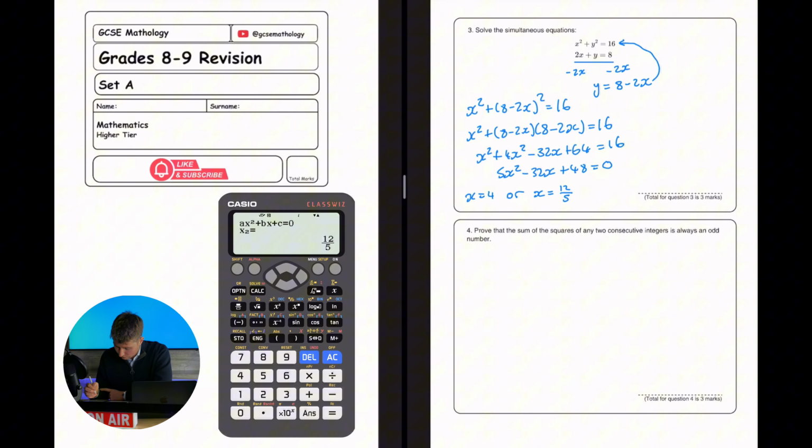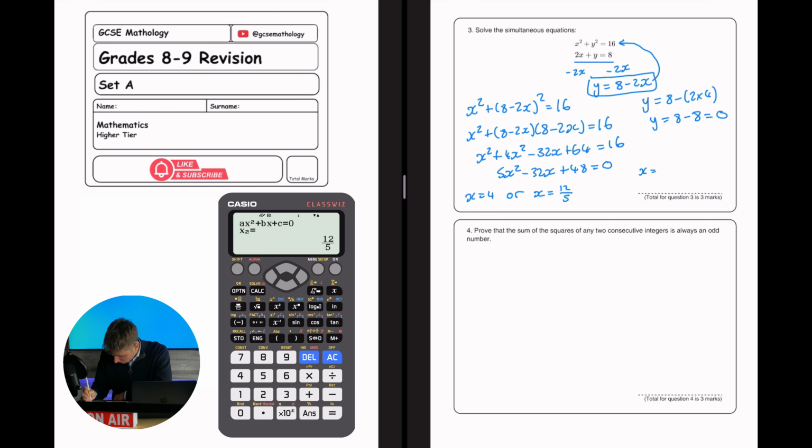So if x is equal to 4 and x is equal to 12 over 5, we can substitute this back into this y equals 8 minus 2x formula. So if y is equal to 8 minus 2 times, let's look at 4 first, y is equal to 8 minus 8, which is 0.